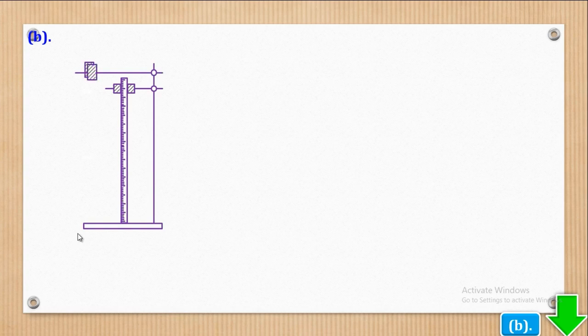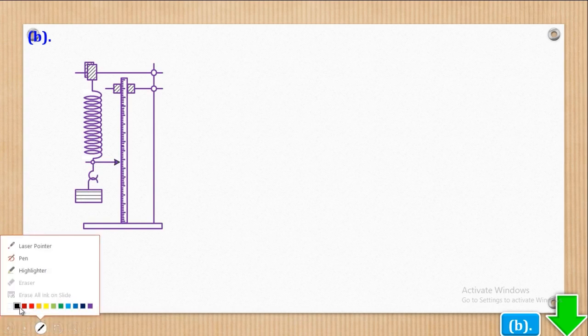So the meter rule is clamped and also the helical spring is clamped. And the helical spring is connected to a mass. So that's the diagram.